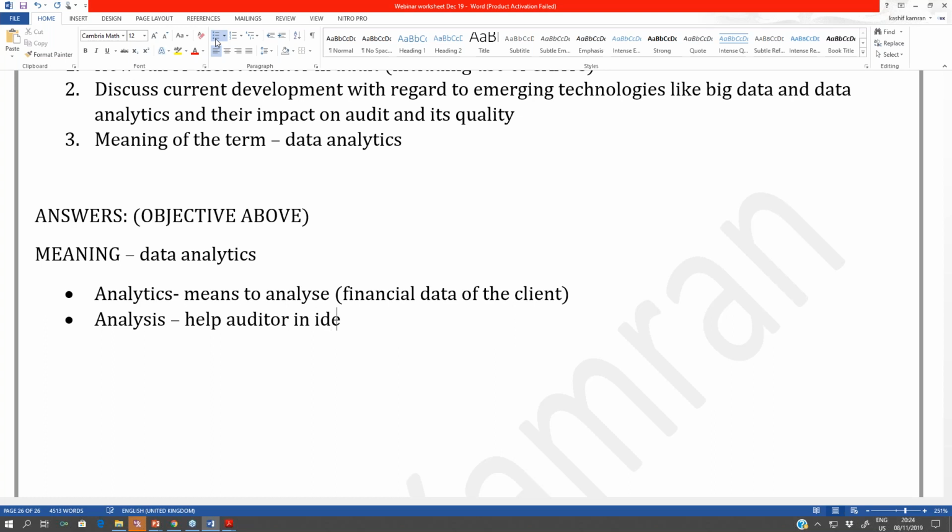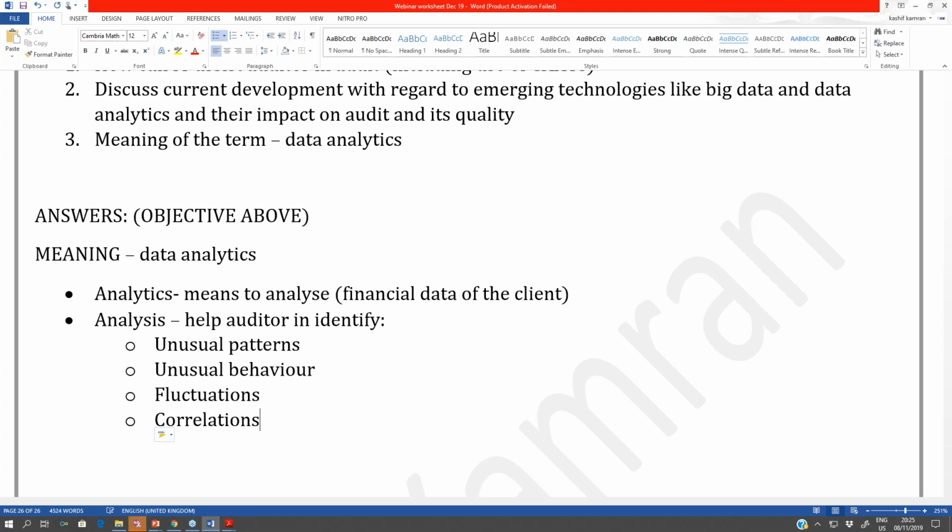Number one, unusual patterns in the data, unusual behaviors in the data, fluctuations in the data, some correlations in the data. So the auditor will be studying the data.